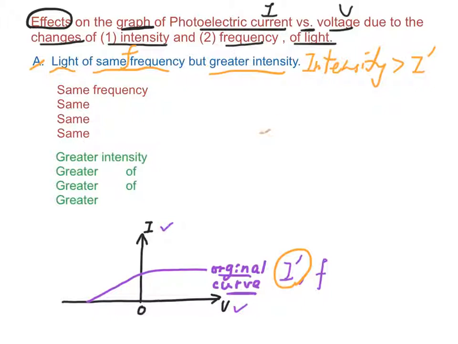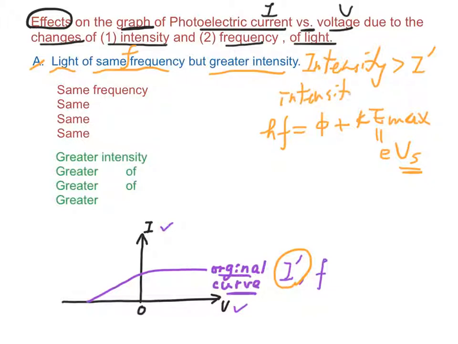From the photoelectric equation, we have Ke maximum equal to eVs, where Vs is the stopping potential. Also, the intensity of light is proportional to the number of photoelectrons emitted per second, n.